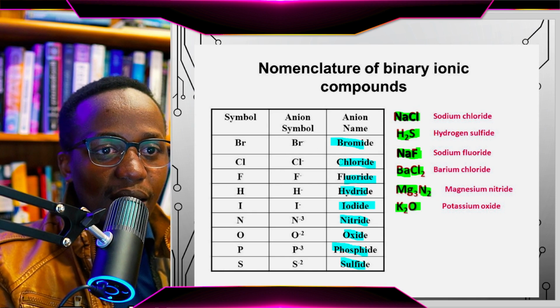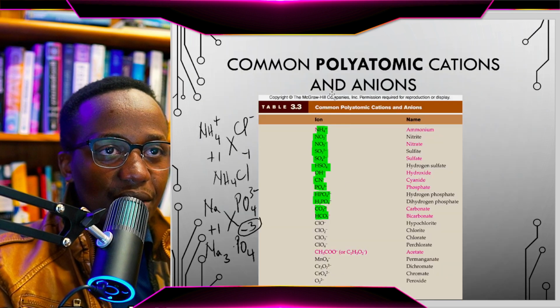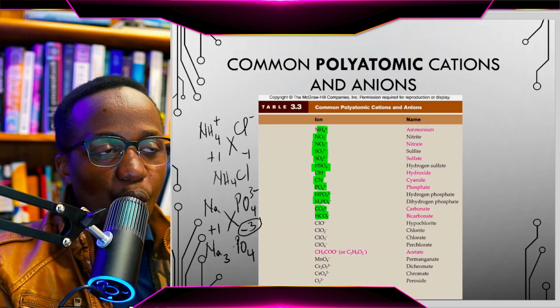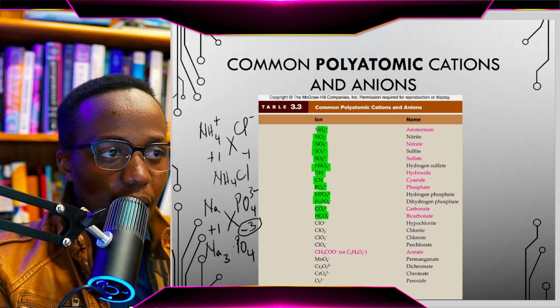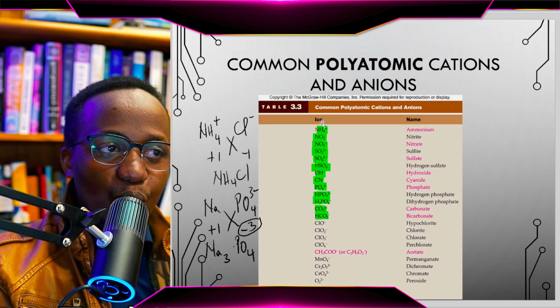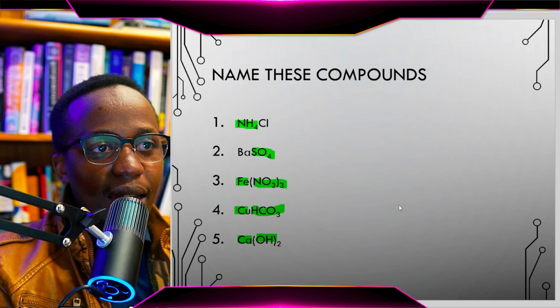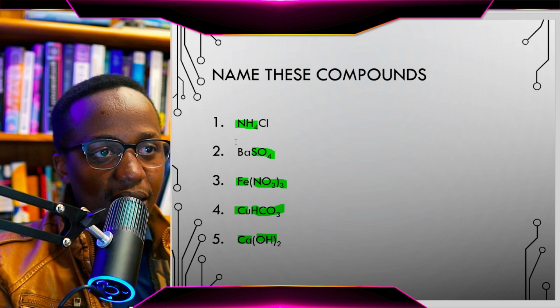The only exception that comes in is when you have polyatomic ions, right? Polyatomic ions also form ionic compounds, and these ones we need to also remember their names so that we can know how to name compounds like these.